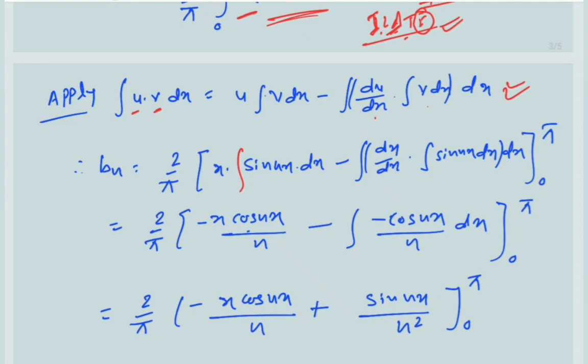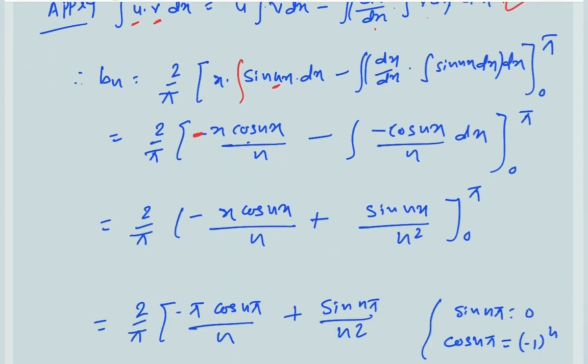So 2 by pi is as it is, x times the integration of sin nx, which is minus cos nx by n, with a negative sign, since the integration of sin is minus cos. The constant multiplication will go to division. So minus x cos nx by n, minus again the integration of x's differentiation, which is 1, and the integration of sin nx, which is again minus cos nx by n, dx.